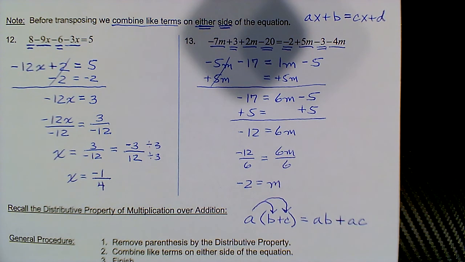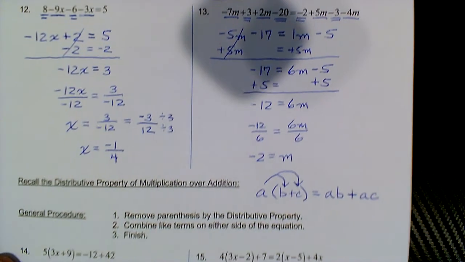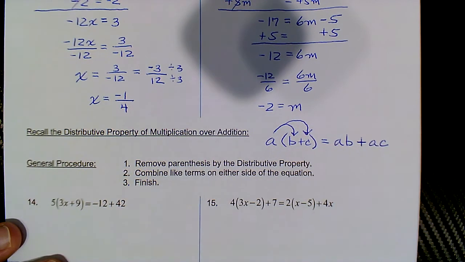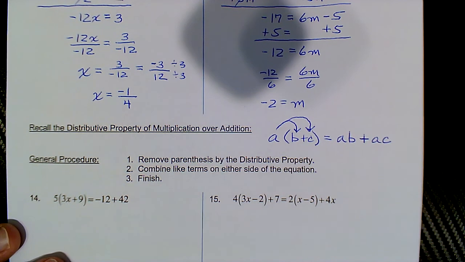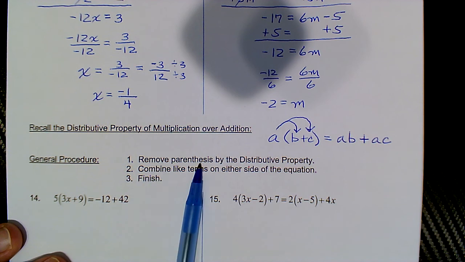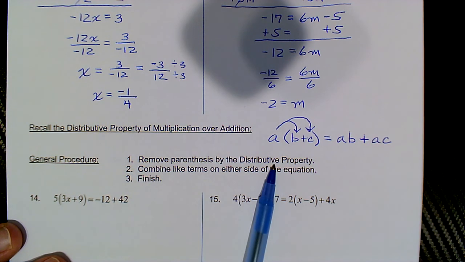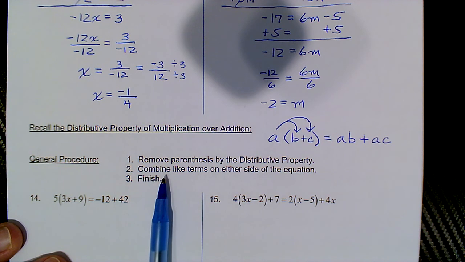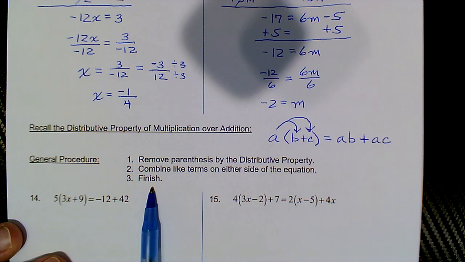So if we ever see parentheses in an equation, here's a general procedure for solving an equation now. If we ever see parentheses, that's the first thing we do is remove them, and that's by the distributive property. And then, if needed, we're going to combine like terms on either side of the equation, and then we can finish.